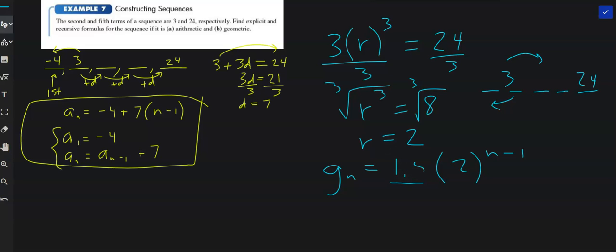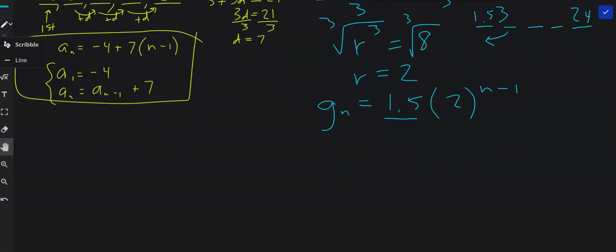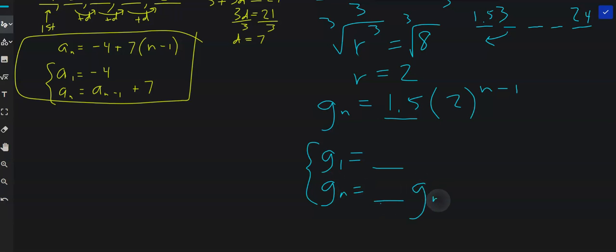So that means my first term is 1.5. And my recursive: next term is something times the previous term. Our first term was 1.5, and we are multiplying by 2 every time.